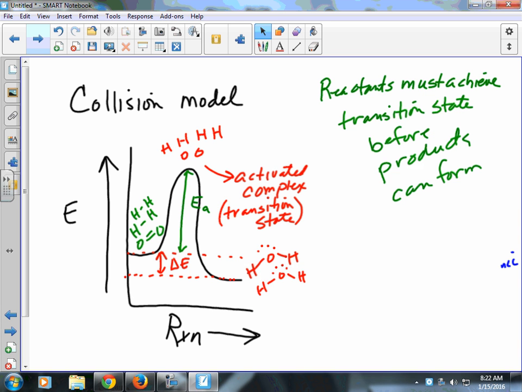It doesn't say. My point is, the law itself doesn't tell you how it happens or why it happens. It just says it happens, right? But a theory does explain how and why. That's what we're about to look at. Why does this happen? And how does it happen?